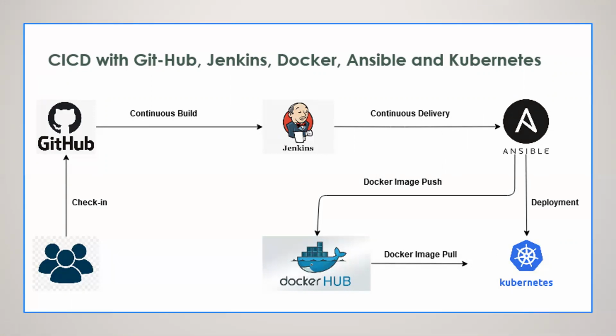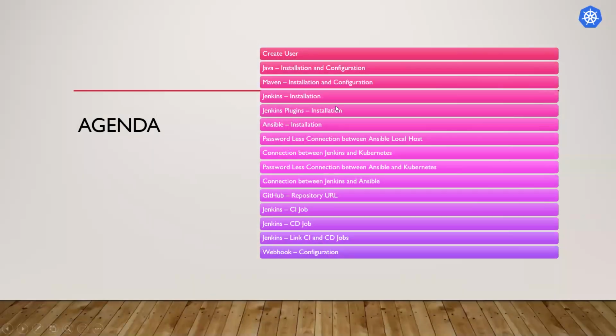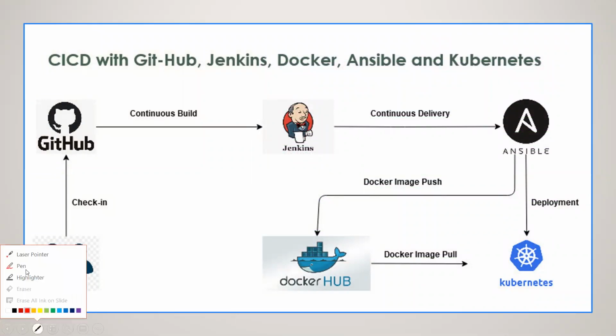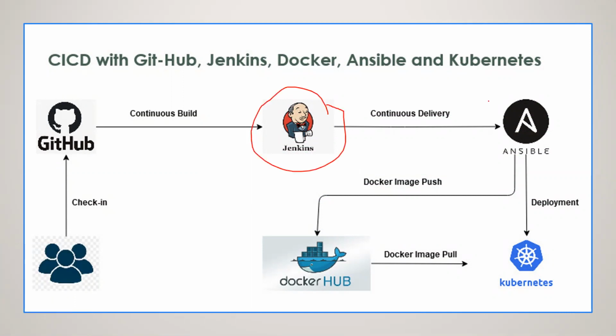So we will see what the agenda is for this. In the agenda, we will create some users and install Java. Here in GCP Cloud, we will create one system for Jenkins and one system for Ansible.